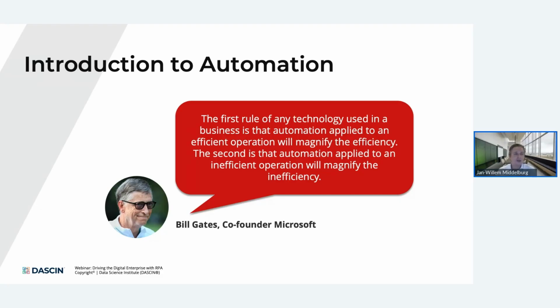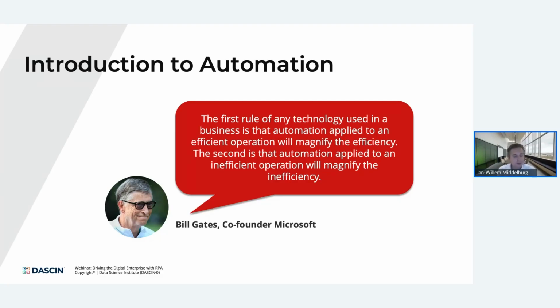Organizations that just want to jump on the bandwagon of automation typically end up with projects that are not delivering true business value in the long run. Automation effectively is about process optimization and making sure that over time you are able to speed up the efficiency of your processes.